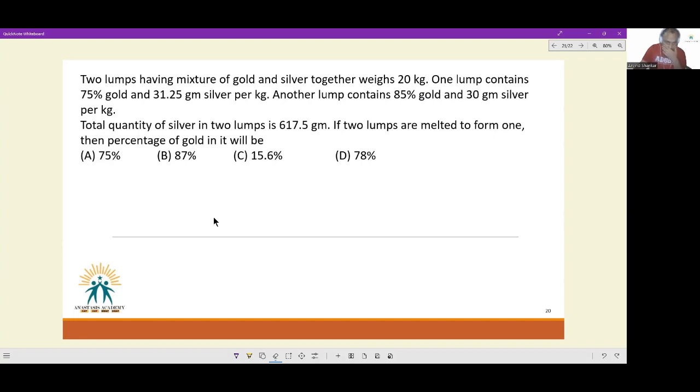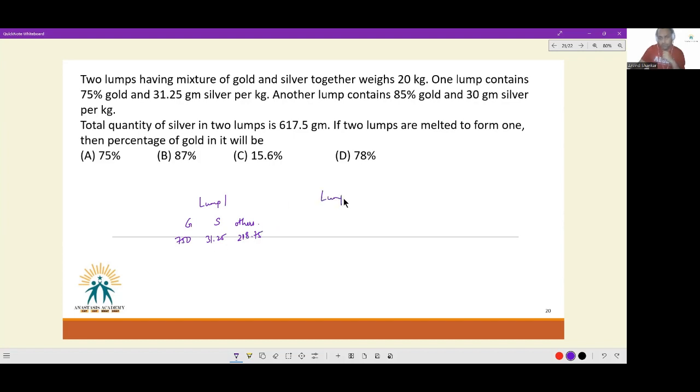So I'll go in the first one, out of 1000 in lump 1: gold, silver, and something else. 75% gold per kg. So out of 1000 grams, 750 is gold, 31.25 is silver. So out of 250, 31.25 is gone, so 218.75 is others.